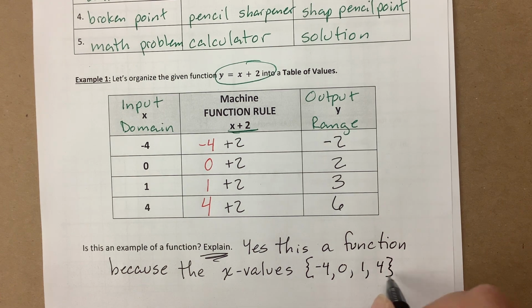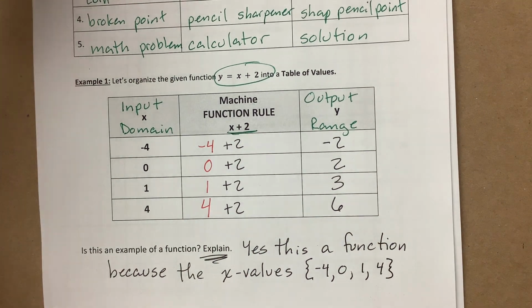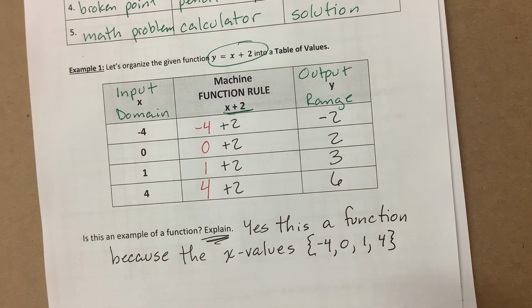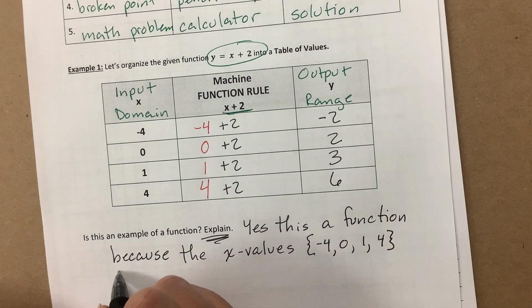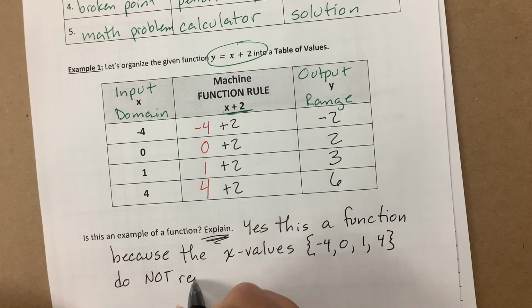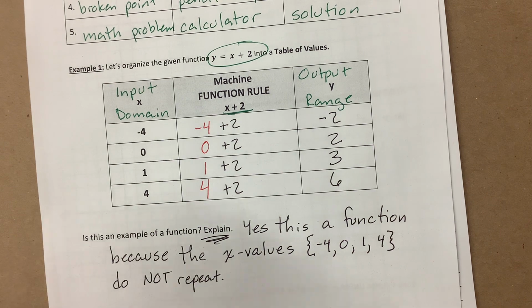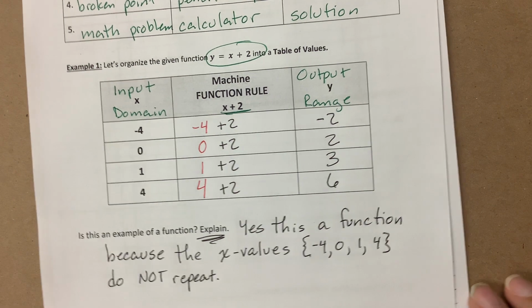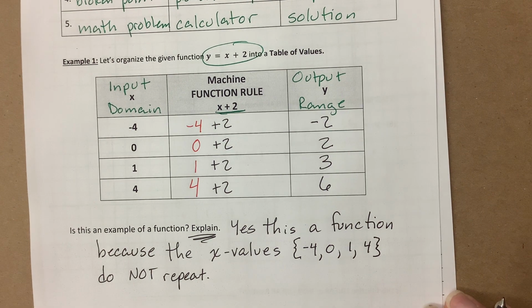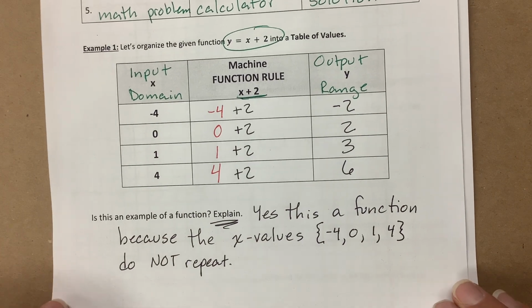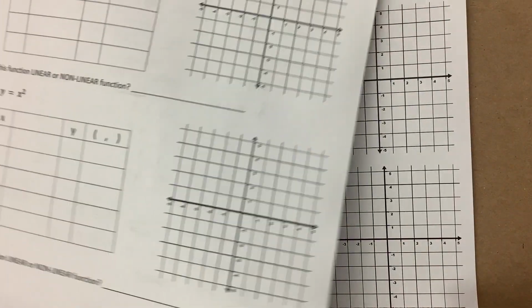Those were my inputs, my x values. And because they do not repeat, this is a function. Yes, this is a function because the x values do not repeat. Put a period, Bono, make those English teachers happy. All right, so in order to be a function, it has to be a relation, a set of ordered pairs that does not repeat the x value.